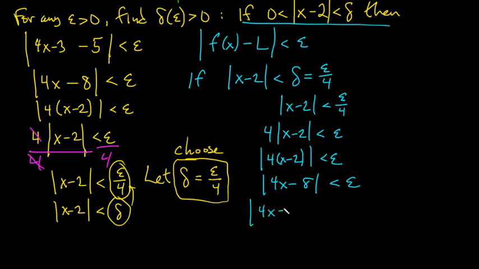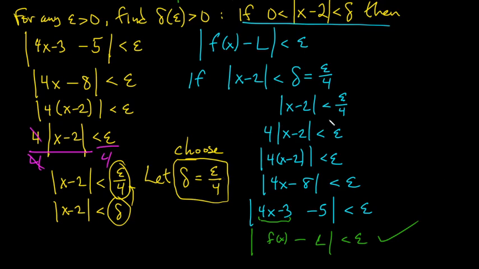I can make it 4x minus 3 minus 5. Right? So what I have here now is in absolute value, I have f of x minus L is less than epsilon. And this is what we wanted to show. So as long as this is true, we picked the right delta, right? The delta equals epsilon over 4 is just good enough.